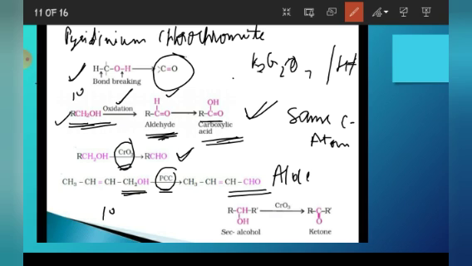One more thing you can observe here is that a double bond is also there, but it remains intact in the final product. So we can use PCC to get aldehyde, and if there is any double bond, it will remain unaffected.